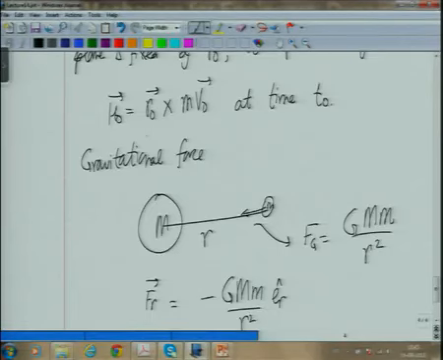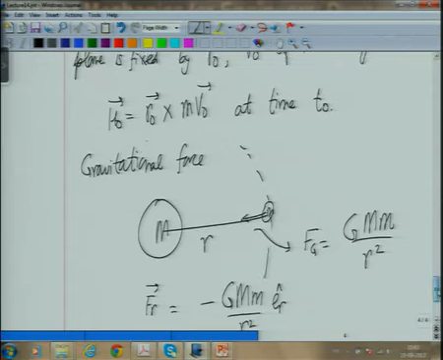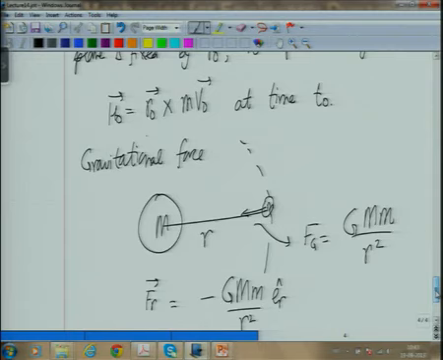Okay. So now as this moves, whatever path it takes, the angular momentum is r0 cross mv0. So this will be r times mv times sine of phi, where phi is the angle between r and v. So if this is the velocity v, this is r, and the angle between them is phi, then it is r times m times v times sine of phi.